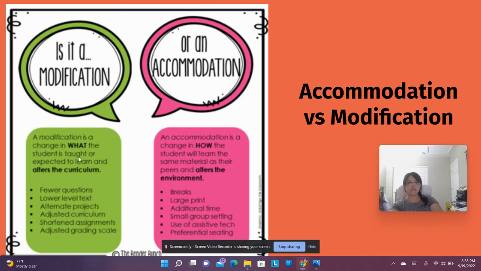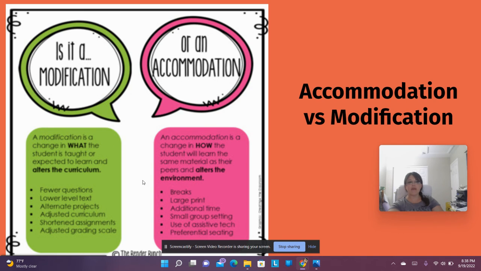So a student who might need lower level text, for example, perhaps I have a ninth grader, but they are reading at a fourth grade level, right? I can't expect them, no matter how many accommodations or scaffolds I give, that reading level alone is going to change what information they're able to take in, right? So that would actually be considered a modification.